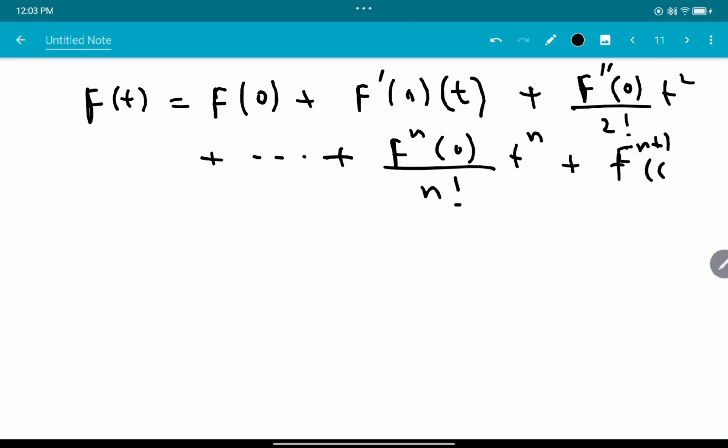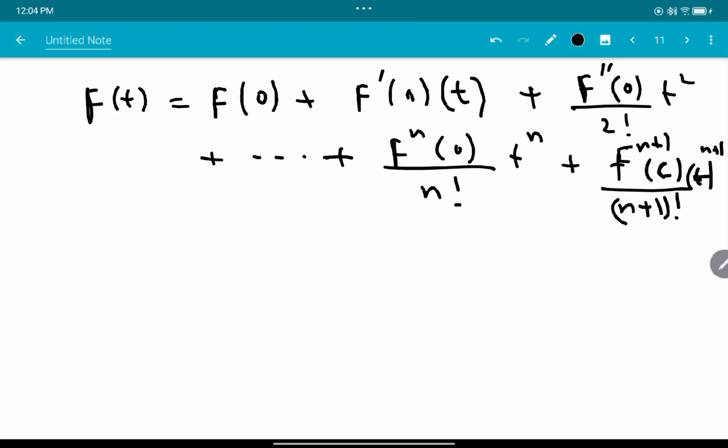Now this middle point c we will discuss just now, divided by f n plus 1 c divided by n plus 1 factorial into t raised to n plus 1.